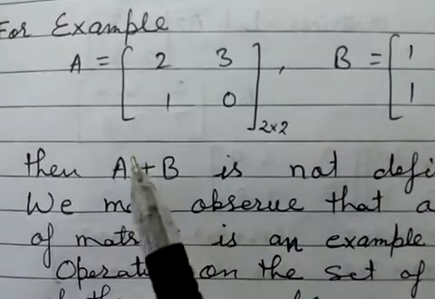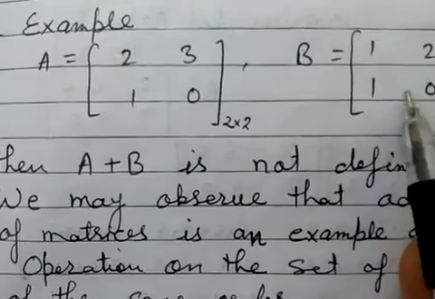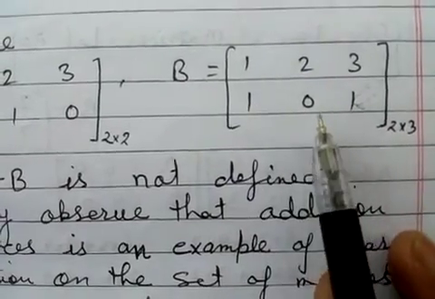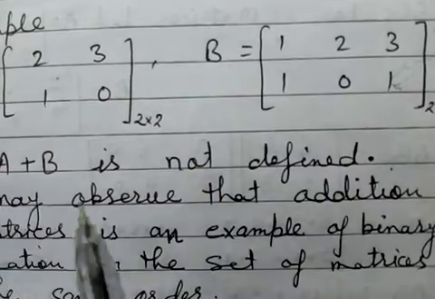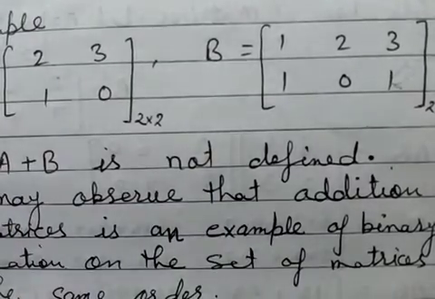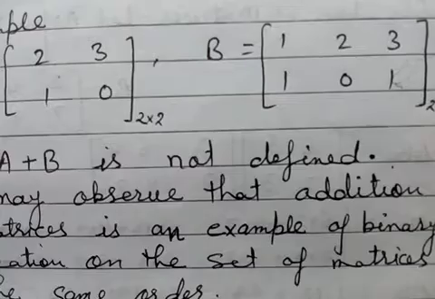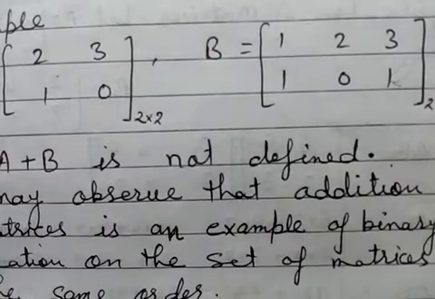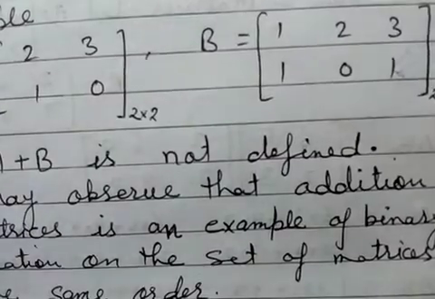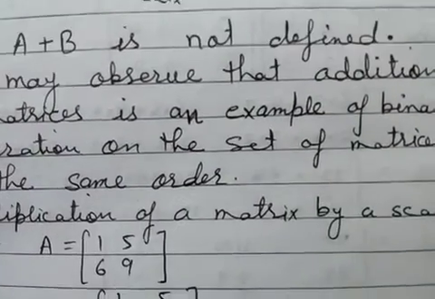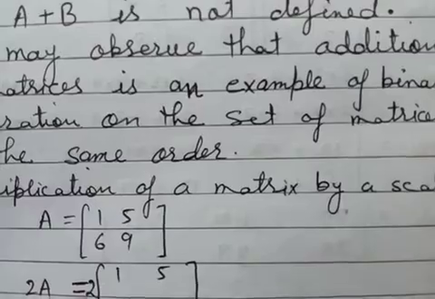For example, we have a matrix A of order 2 by 2 and B matrix of order 2 by 3. So we can't add A plus B; A plus B is not defined. We may observe that addition of matrices is an example of a binary operation on the set of matrices of the same order.